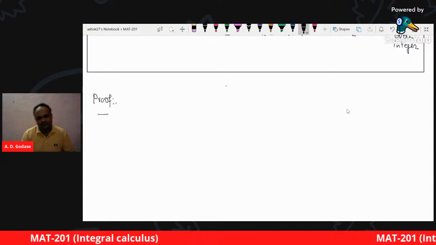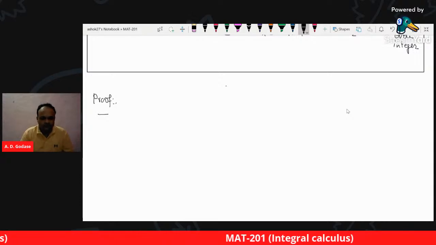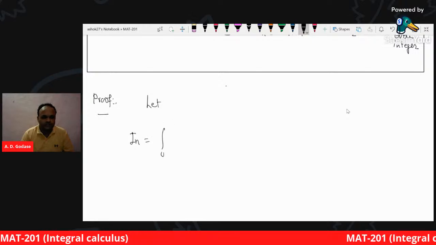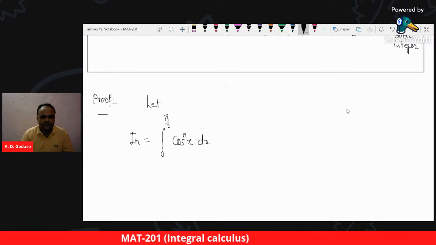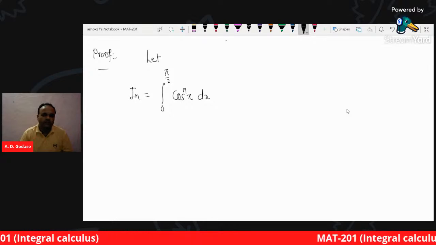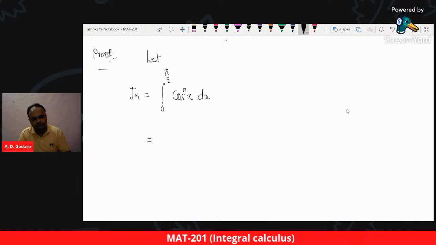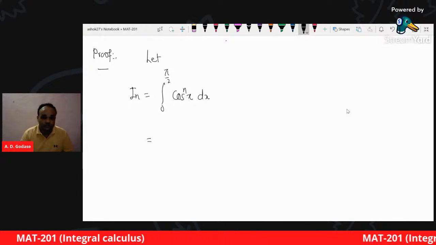So let us consider I n as the integration from 0 to pi by 2 of cos raised to n x dx. Again here also we will use integration by parts, as we have already seen in the previous section.